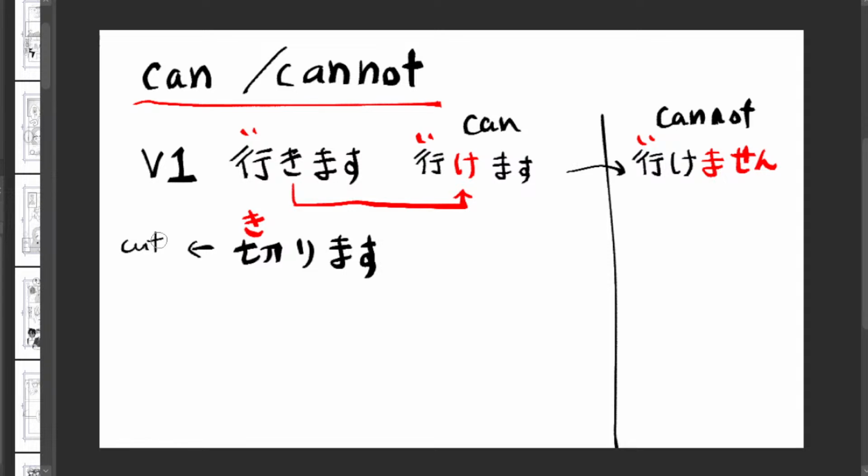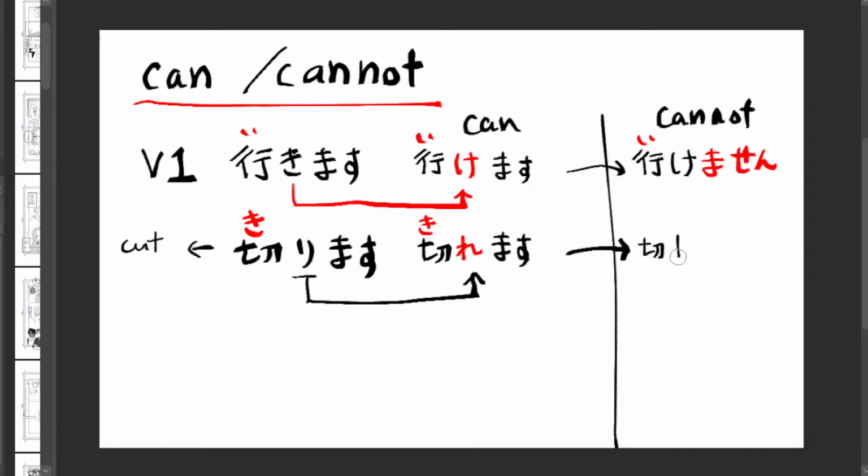To make it into can cut, I can cut a carrot, for example, you change this ri to the same sound from the e column. So ri will become re, and it will read kiremasu. To make it into cannot cut, I can't cut it, it will become kiremasen.